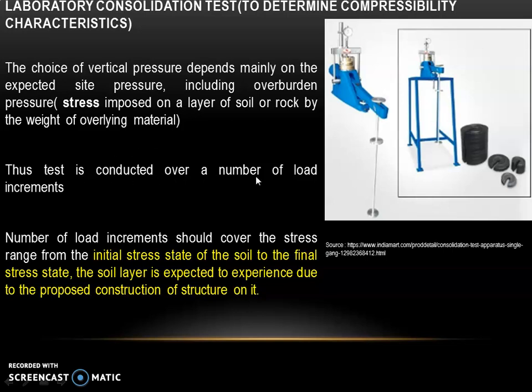Thus, the test is conducted over a number of load increments, and this load increment should cover the stress range from the initial stress state of the soil to the final stress state the soil layer is expected to experience due to the proposed construction of structure on it. That means the load applied onto the soil sample should be same as that of the load being experienced by the soil at the site.